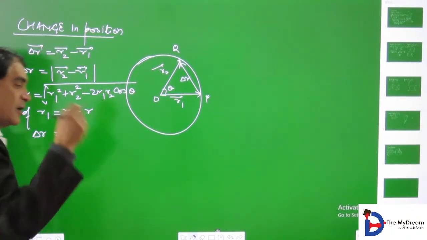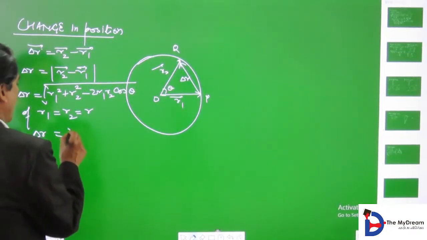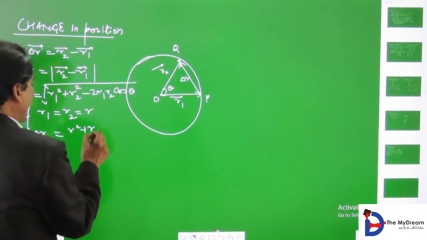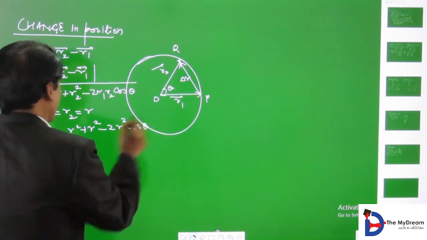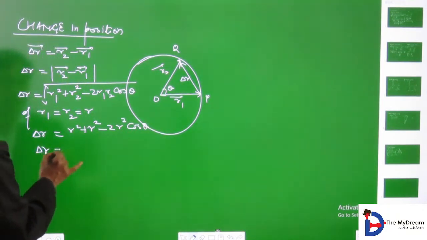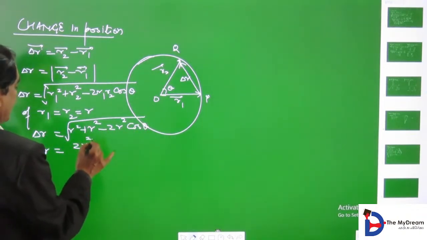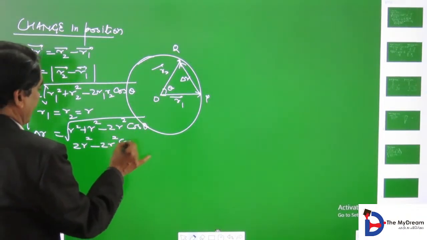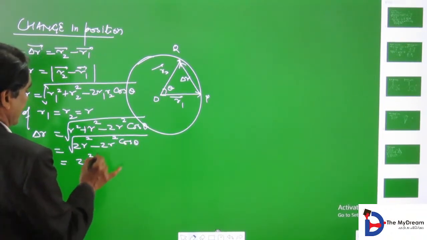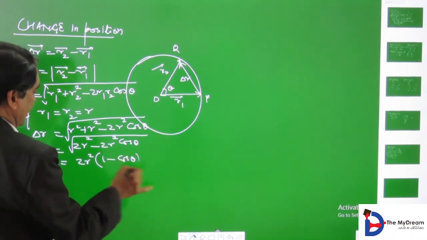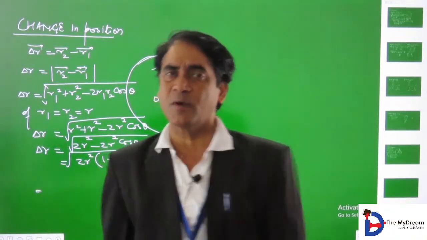if r1 is equal to r2, that is equal to r, then you can write down r square plus r square minus 2r square cos theta. So twice of r square minus twice of r square cos theta. So 2r square, which is 1 minus cos theta. आपने पढ़ा था sin square theta plus cos square theta is equals to 1.